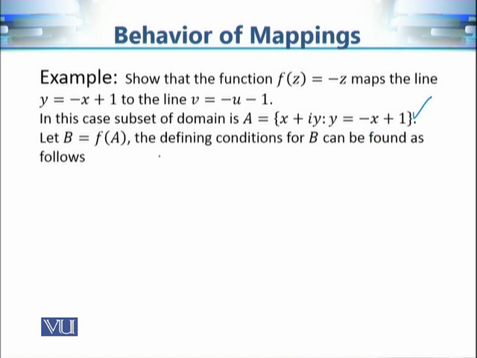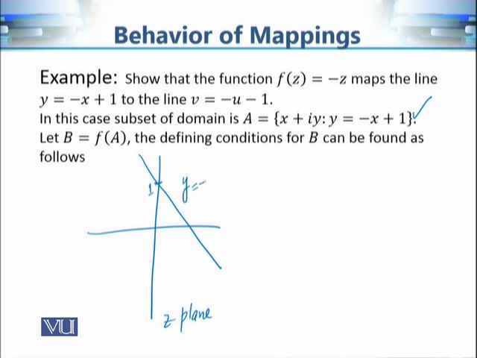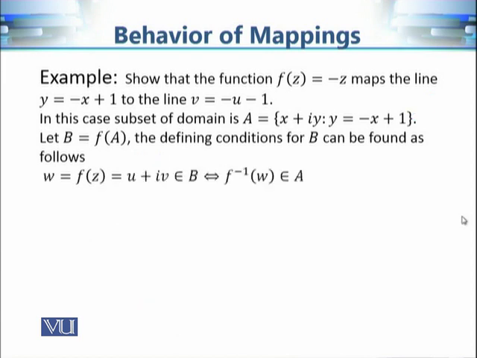We can easily see that in the z plane it is a straight line. This is the point 1. So this is y equal to minus x plus 1. Now if we want to calculate its image, we need to calculate the inverse of this function, and we can see that the inverse of this function is also the same function, minus z.